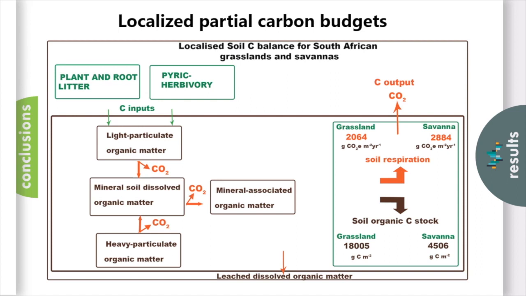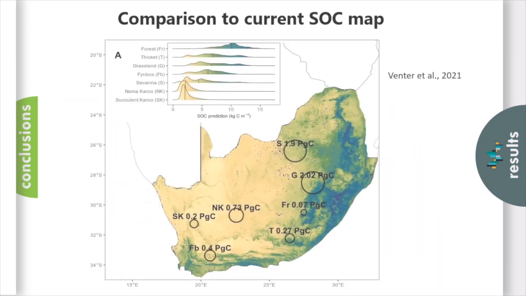And we'll further compare these values with the recent map by Venda et al., showing the different soil carbon stocks in different biomes in South Africa. So this map is from Venda et al. 2021, showing all the different biomes in South Africa.